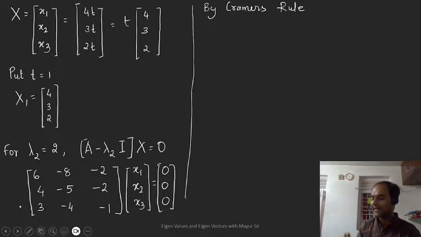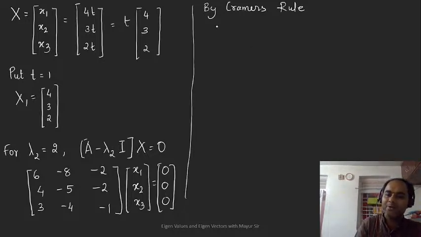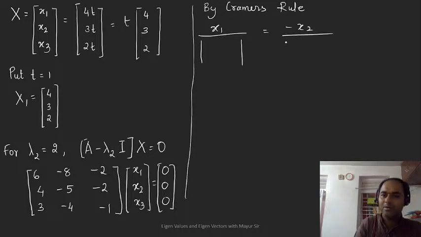Some special matrices are there, for which we have to be a little bit careful and wisely choose the rows. But the first and second row always works in most cases, 99% of cases. So you write down x1, minus x2, and x3 over the determinants.